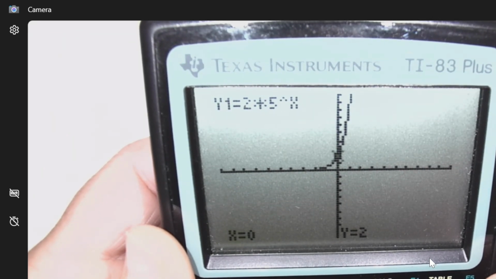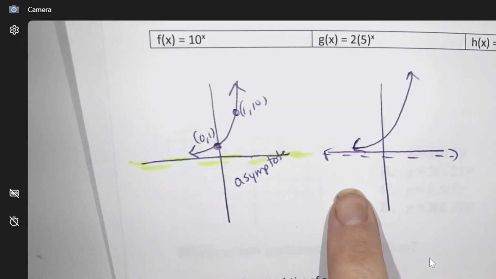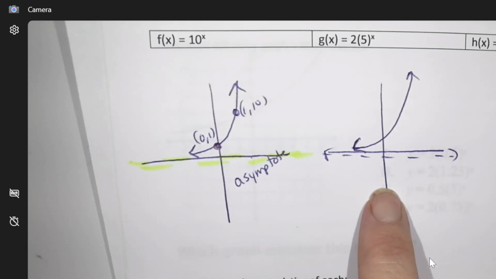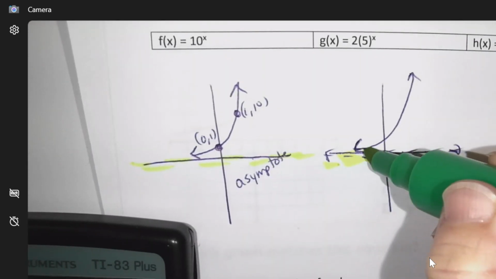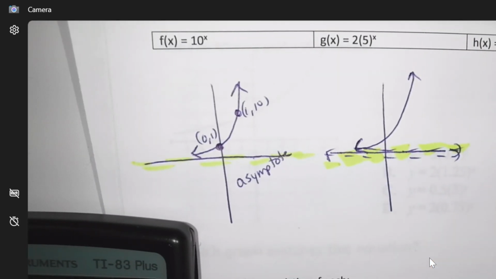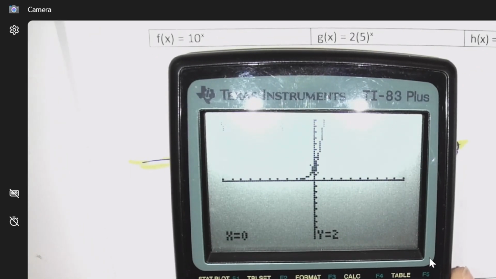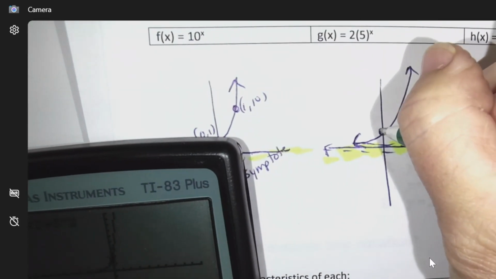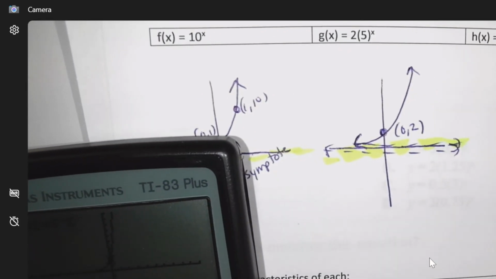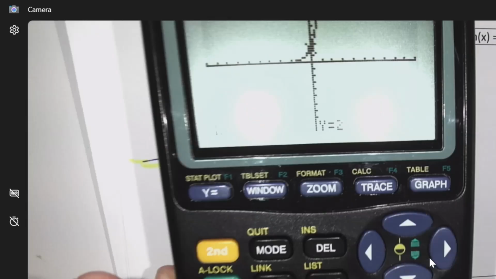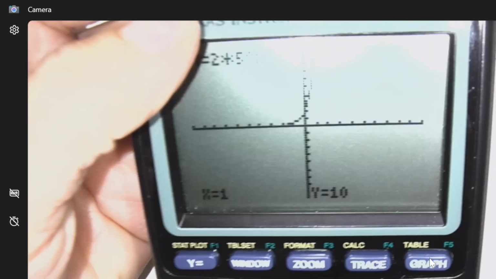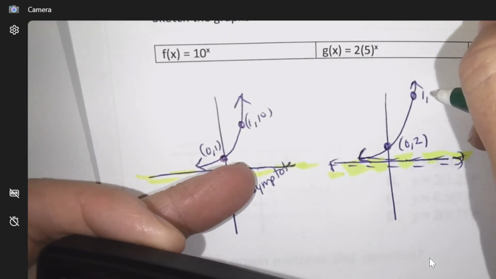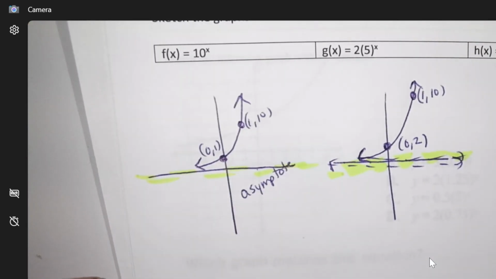So it's making the same shape. Okay, so I drew it again like that, and then there's an asymptote right at 0. It's never ever going to hit this axis. Okay, and if I push trace, I have a coordinate 0, 2. And if I do a 1, I get 1, 10.